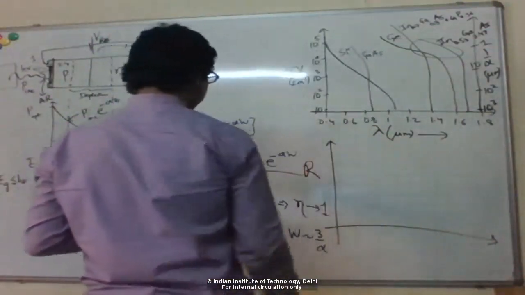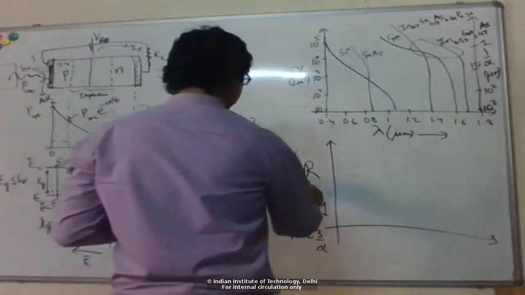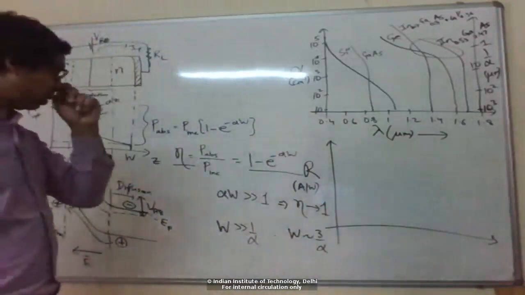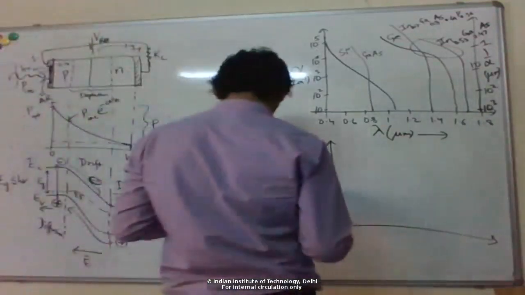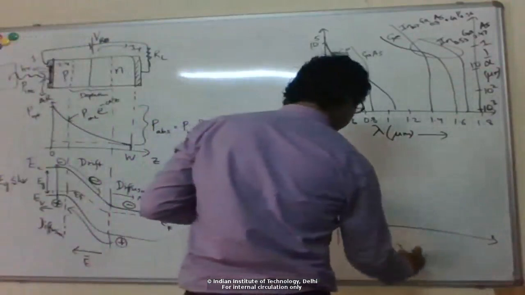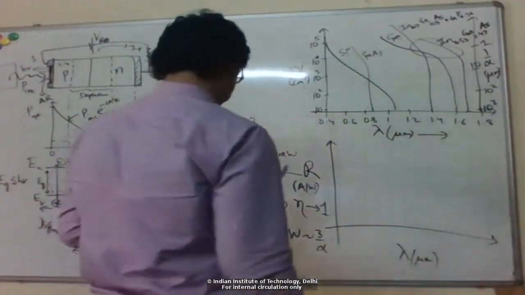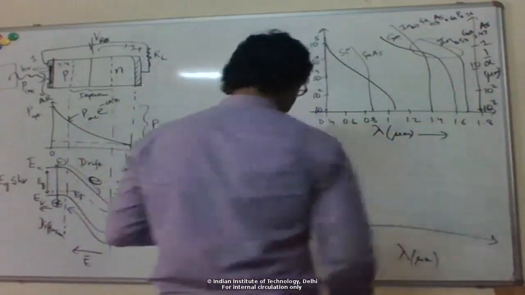Equivalently, I can plot the responsivity in amps per watt, which is the photocurrent generated divided by the incident optical power, again as a function of wavelength.